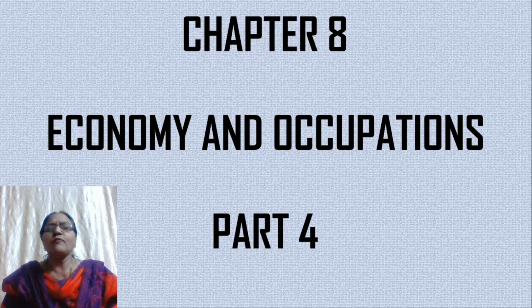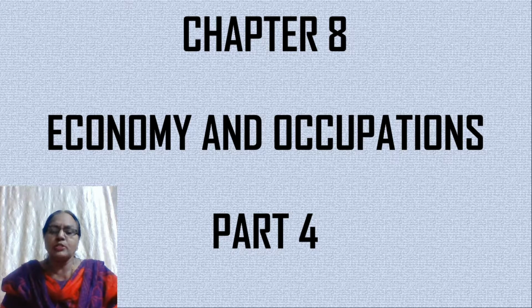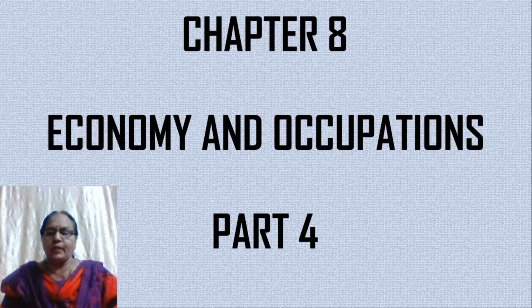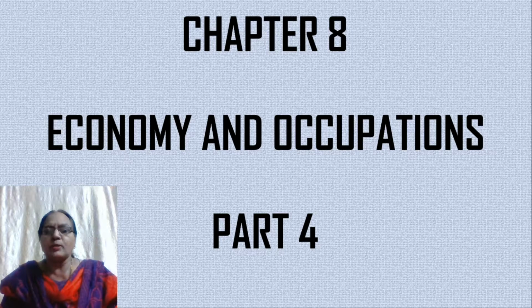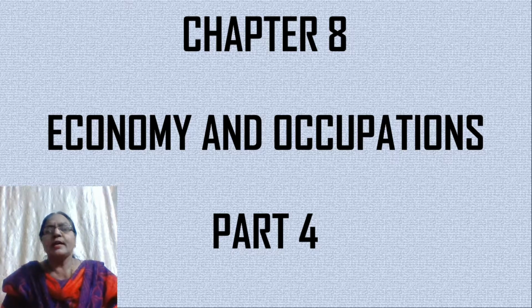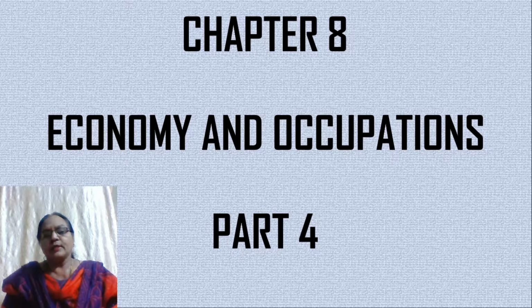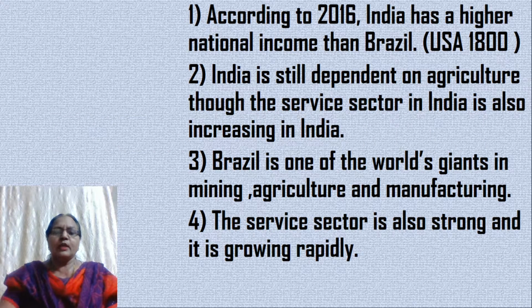That is, we found that a major population of India was concentrated in the primary activities, and hence we can call the Indian economy an agrarian economy. On the other hand, we find a major population of Brazil is concentrated more in the service sector, in other words, a tertiary occupation. Okay, so we'll continue with that here.